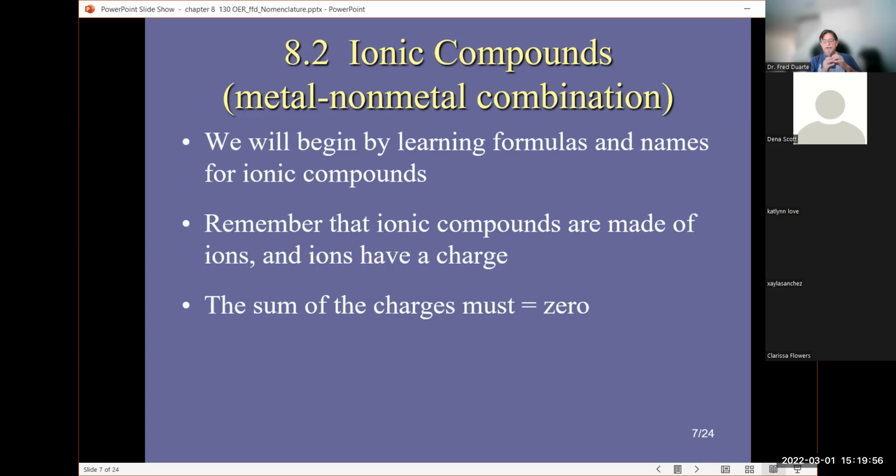When we put them together to make the compound, the thing to remember is this: we must have sufficient cations and sufficient anions so the whole molecule is equal to 0. Okay, and right now I want to use this general formula, but I'm going to give you at a later date a more specific formula that you can use for all conditions.